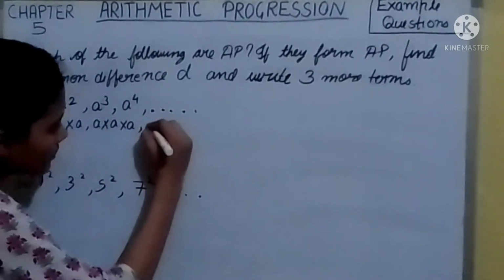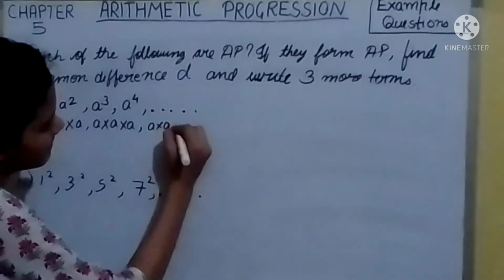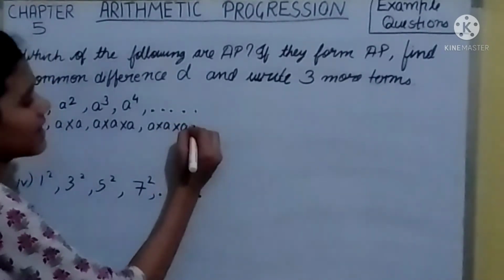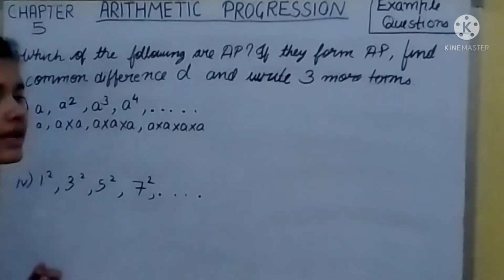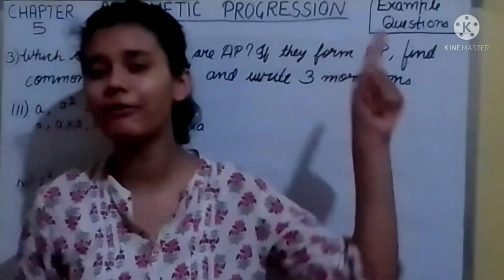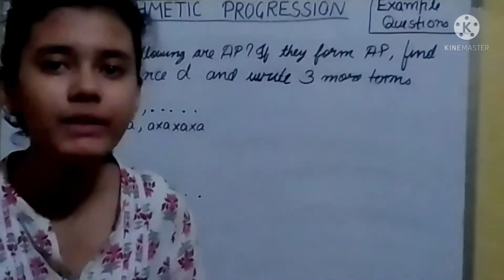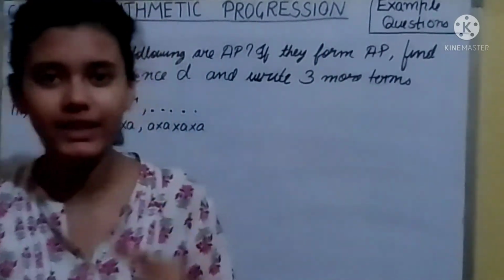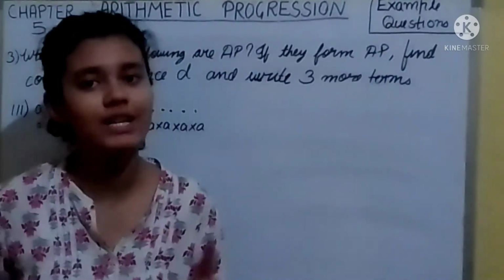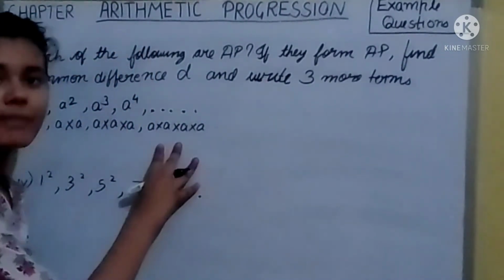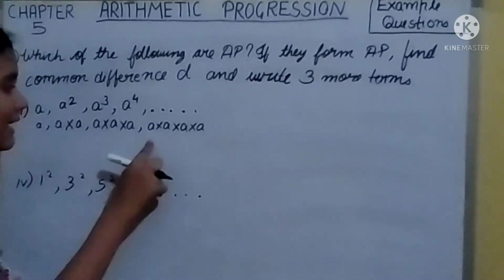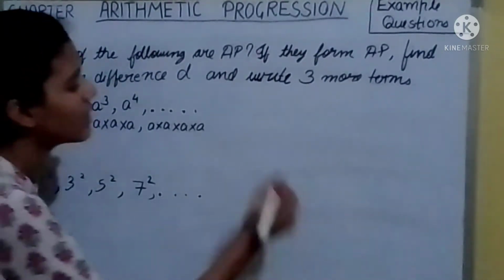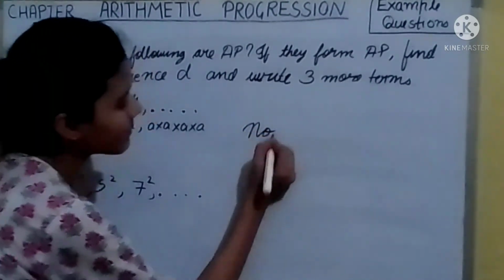Then a raised to the power 4 means a multiplied by a multiplied by a multiplied by a. And what in the beginning we have learned is that in arithmetic progression we increase and decrease just by addition and subtraction. We don't use multiplication or division. And here we are doing multiplication. So this is not an arithmetic progression.